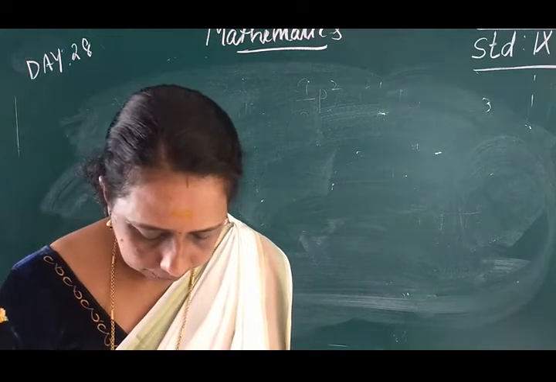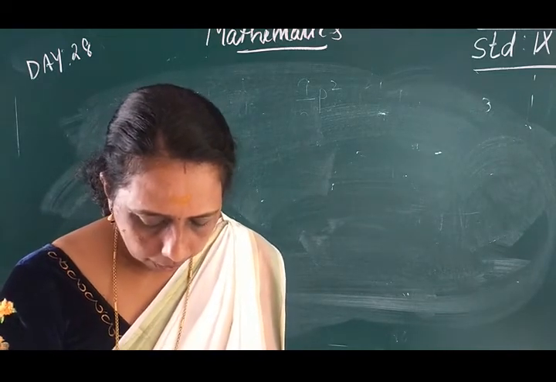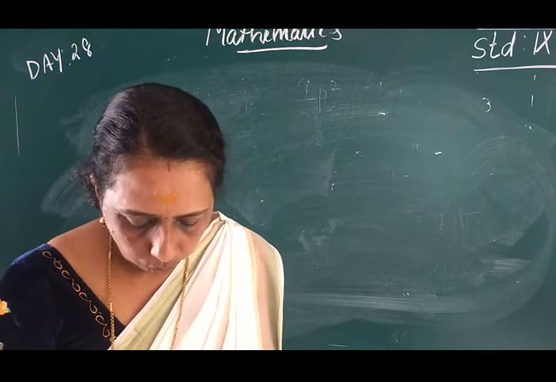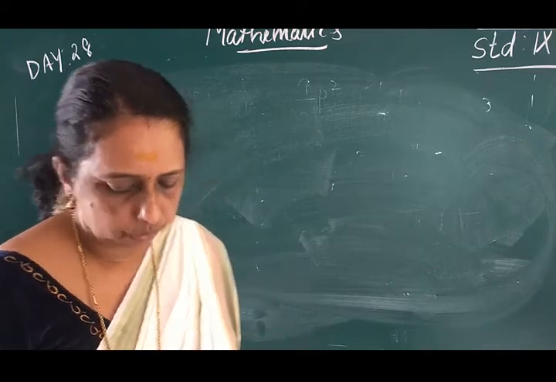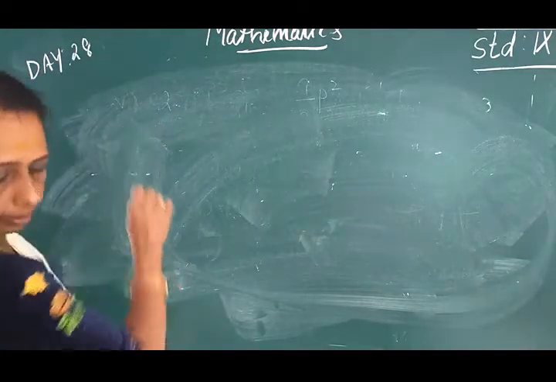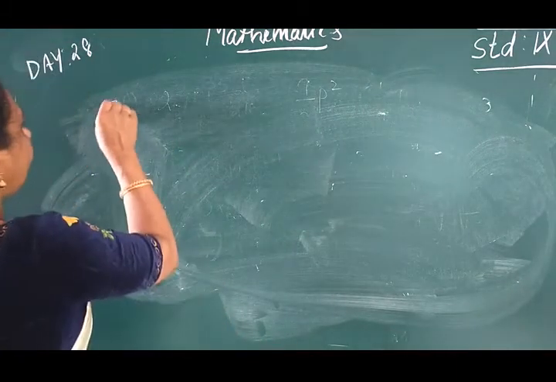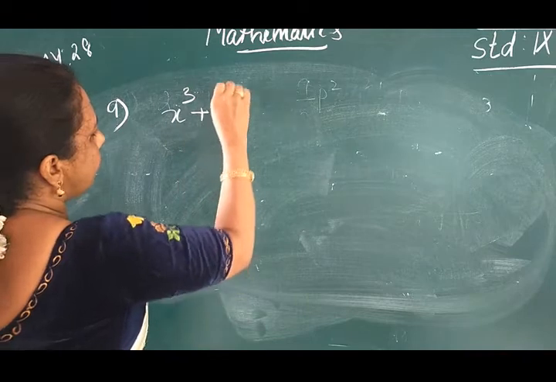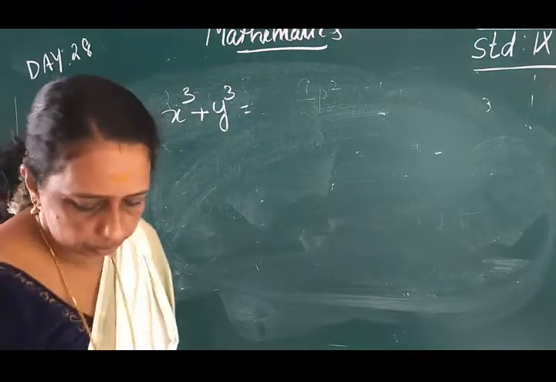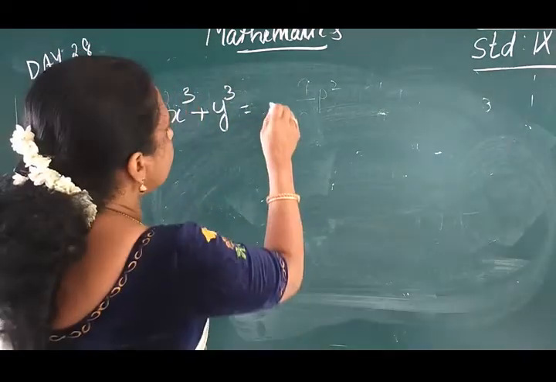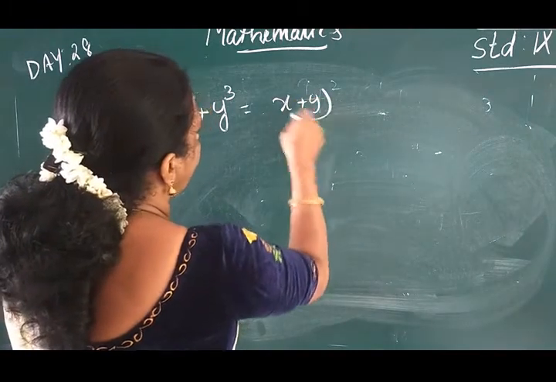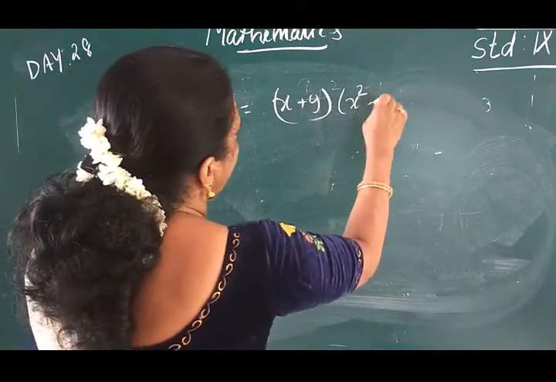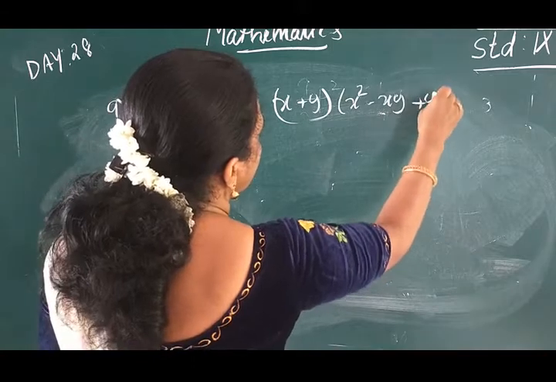The first question is question number 9. Verify x cube plus y cube is equal to x plus y into x square minus xy plus y square.